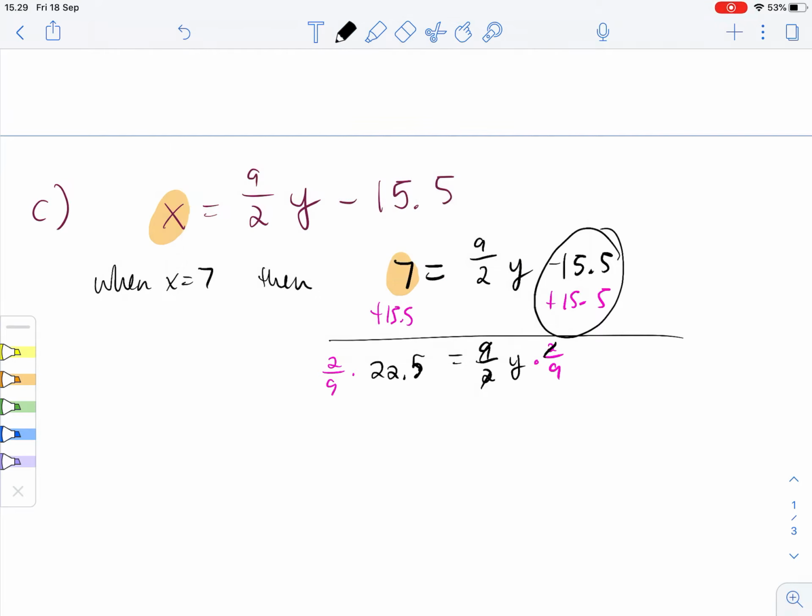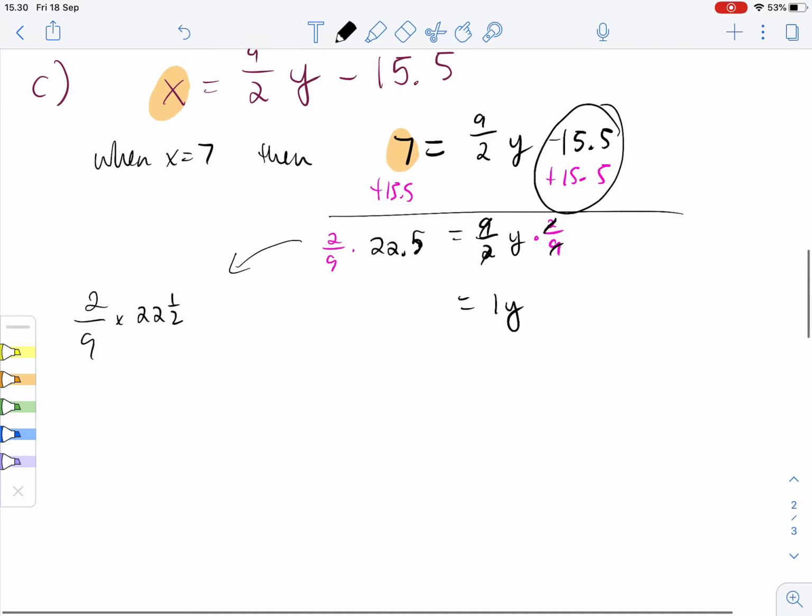That goes to 1, that goes to 1. So over here I have 1y. Now I have 2/9 times 22 and 1/2. I changed that 0.5 to a 1/2.